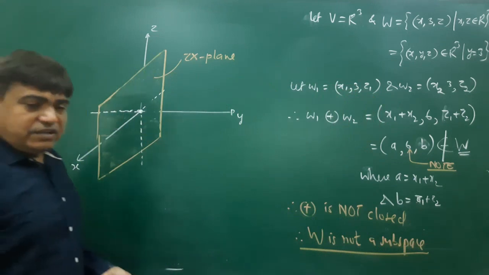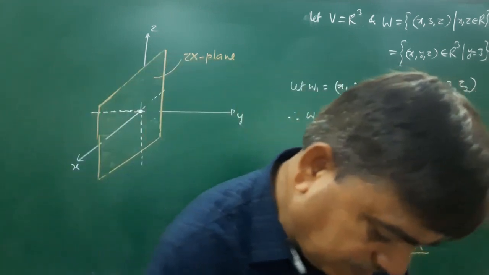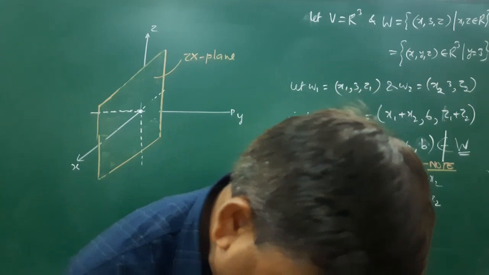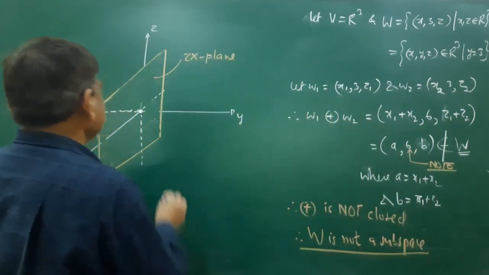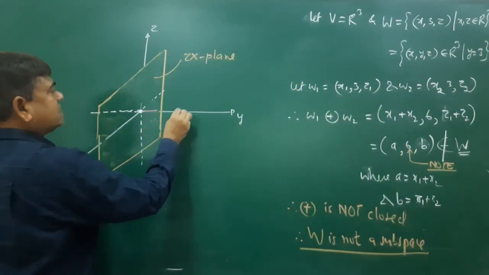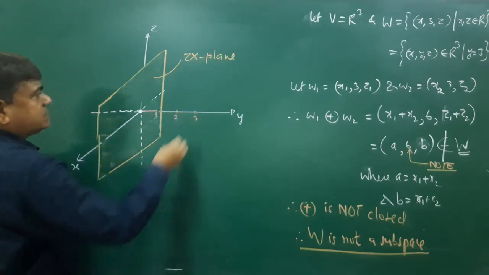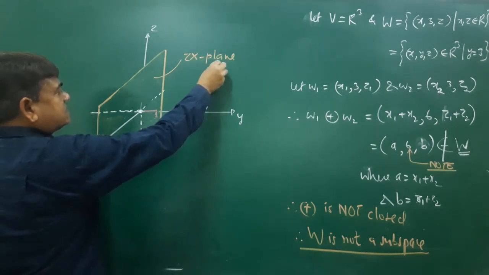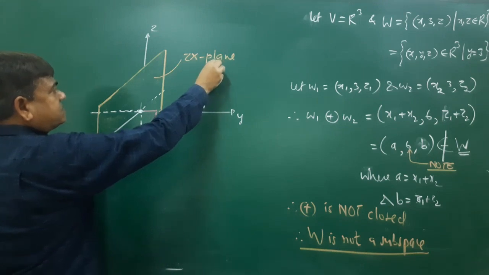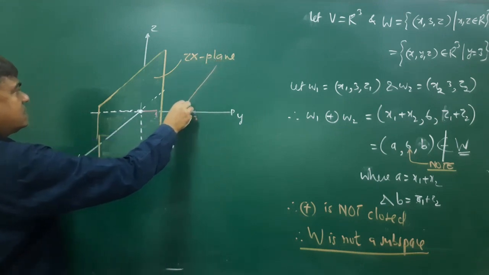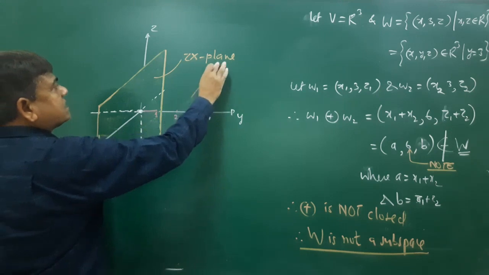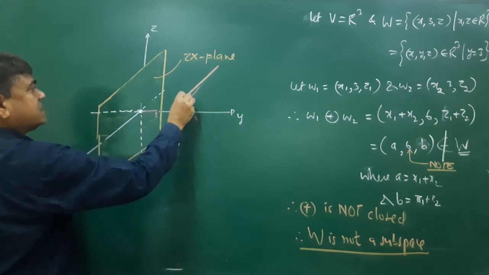Okay, and if you look at the geometry, I draw this diagram. Suppose this is 1 unit, this is 2 units, and this is 3 units. So it is just similar to this.